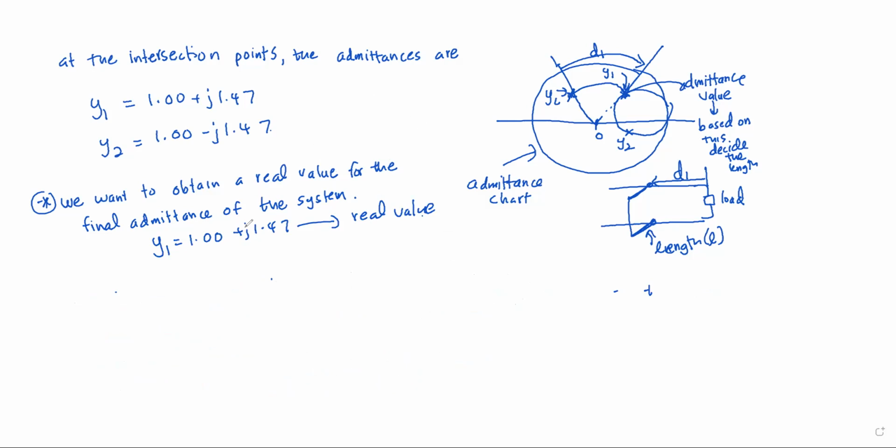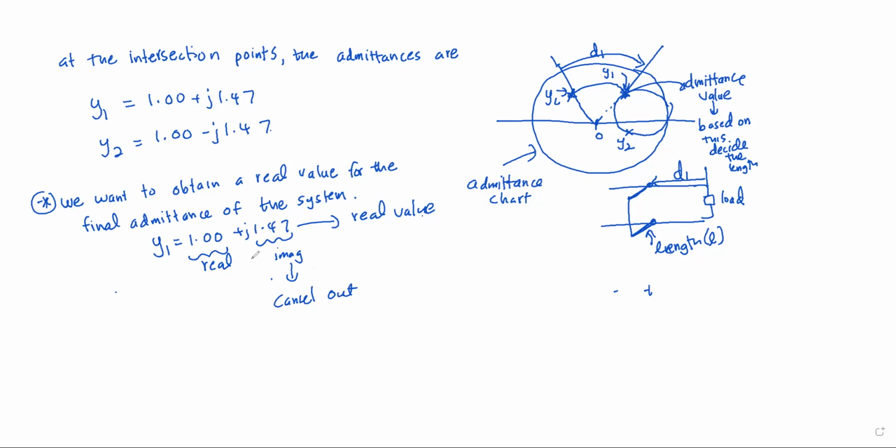Now it has both a real value and an imaginary value, right? So I want to create a real value out of this. So the imaginary value, I should try to cancel it. I should cancel it out, and I should try to make it 0, right?